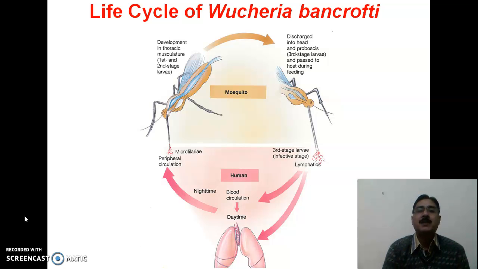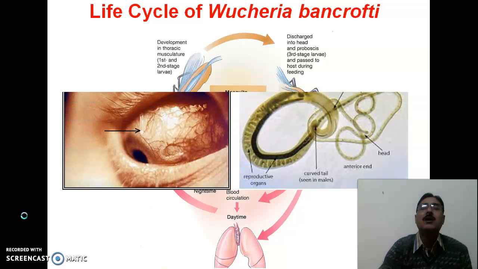In the daytime they are generally present in the lymphatics, and at night they come to the peripheral circulatory system. So whenever the mosquito sucks the human blood, they go via the blood to the mosquito, and this first and second stage infective larva then undergoes development to form the third instar larva. And when this infective mosquito bites a healthy human being, the transmission occurs.